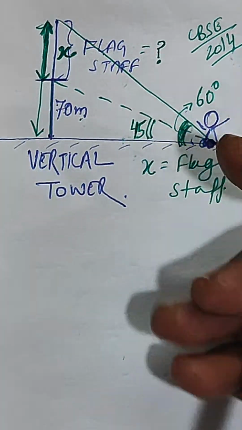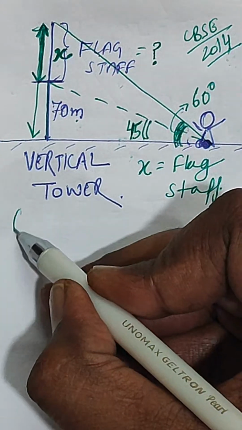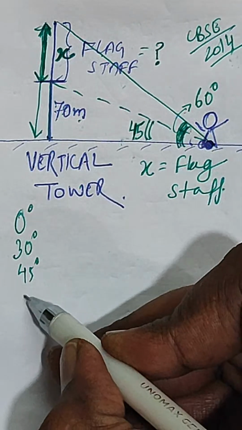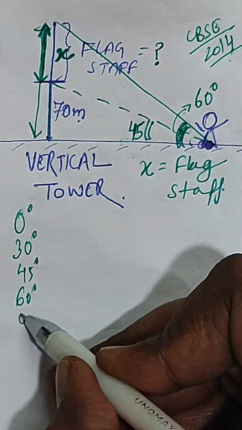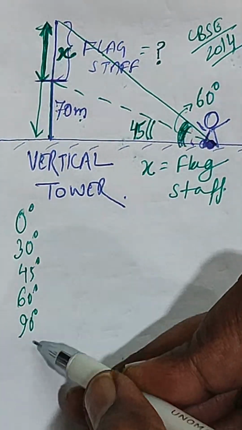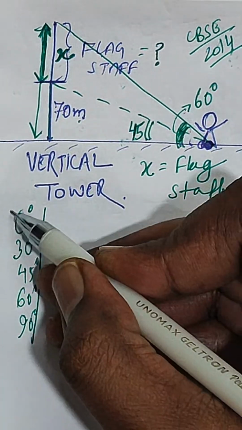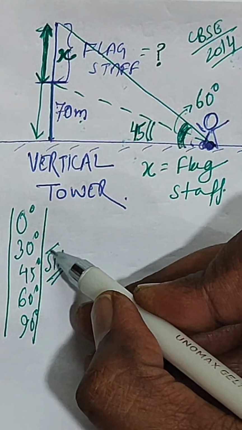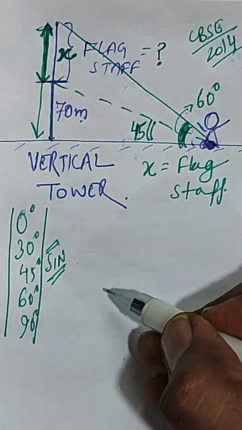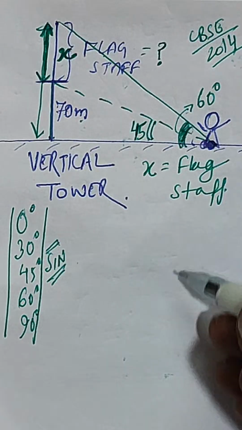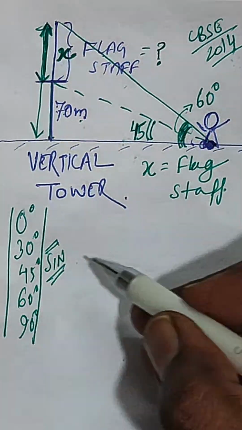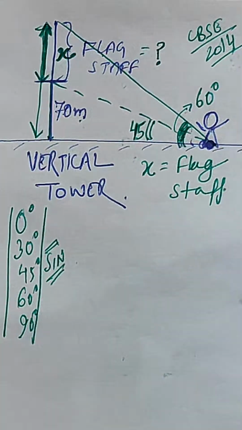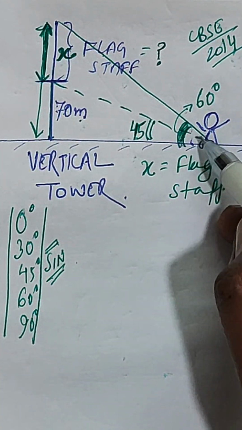As I said earlier, you should remember the values of sine 0, 30, 45, 60 and 90. If you know all these values for sine, then you can calculate the values of cos, tan, cot, sec, cosec, everyone, right? So you just need to remember only 5 values. Okay. Anyway, let me come to this point.